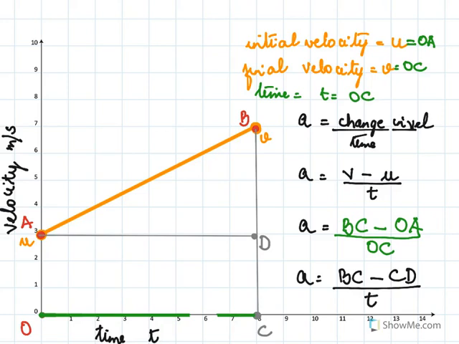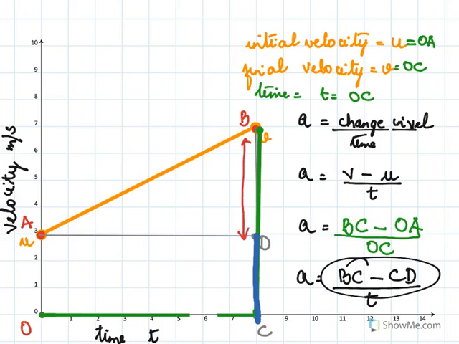Well, look up in the figure and let's see what BC minus CD is. Here is BC, and minus CD, and this is CD. So BC minus CD is this one, which we know is BD.